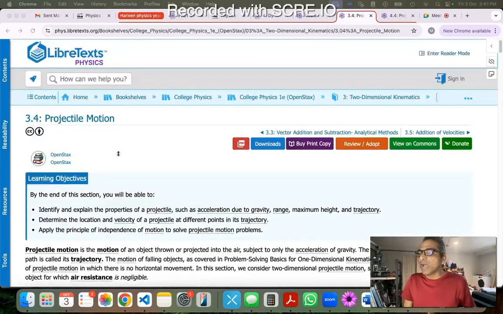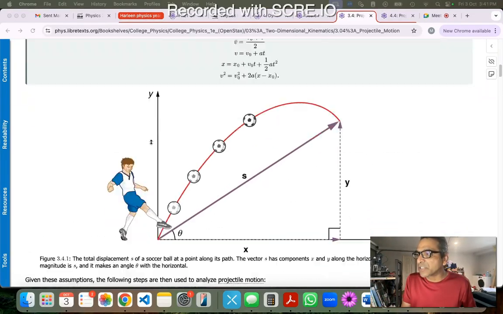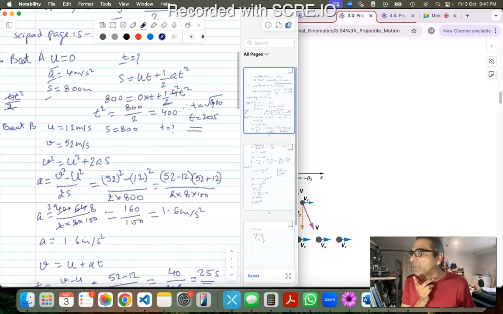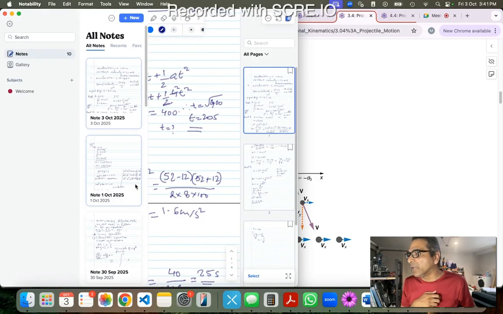Okay, no worries. I will take some pictures and do some calculations related to projectile, why it's there and how it's working. Even though we have done the notes, I have already covered the projectile thing.